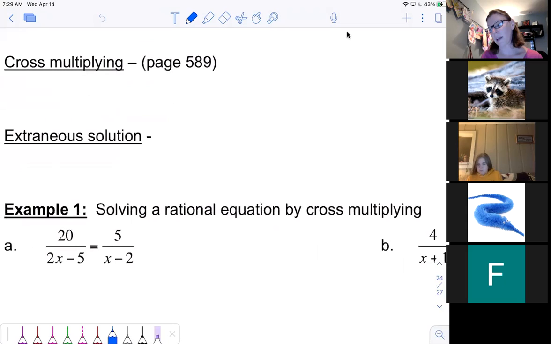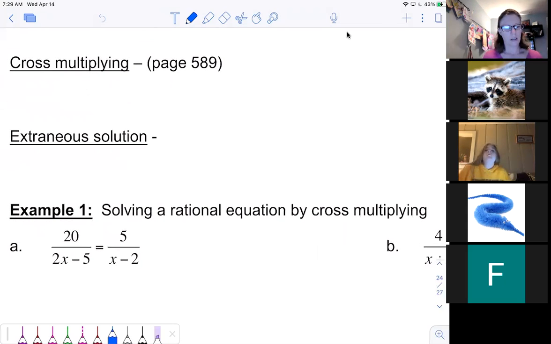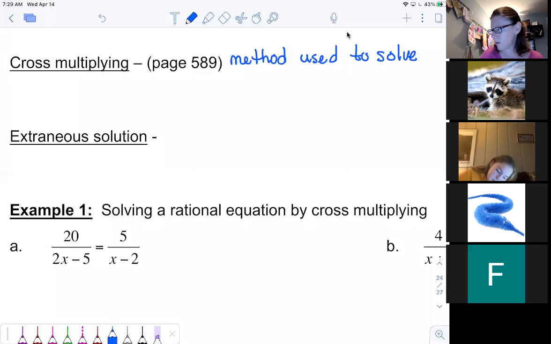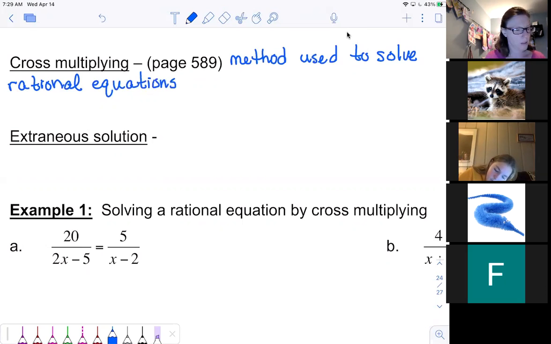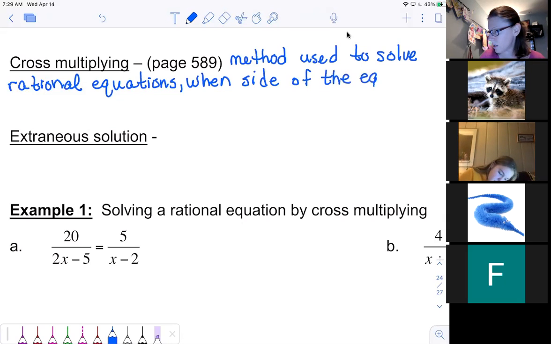The first one is cross-multiplying, and cross-multiplying is a method used to solve rational equations when each side of the equation is a single expression.